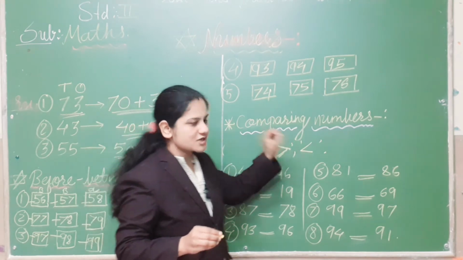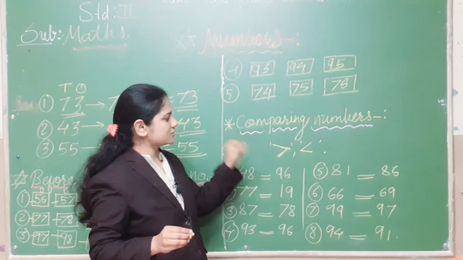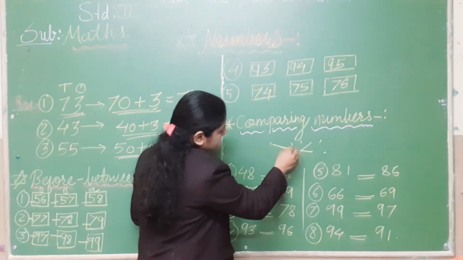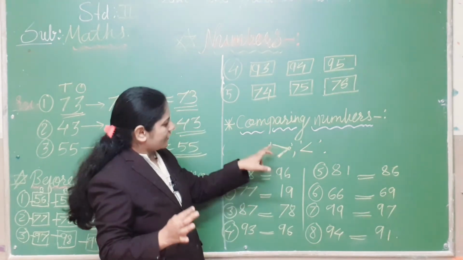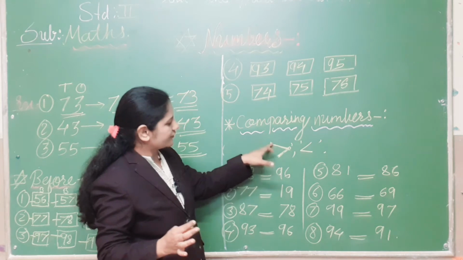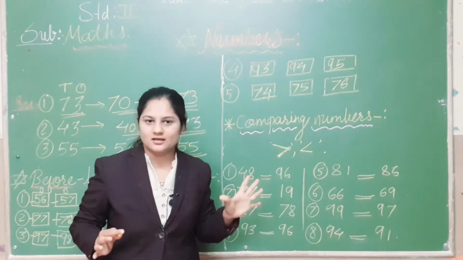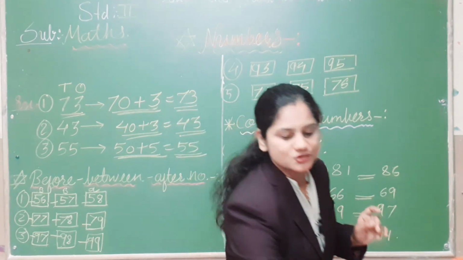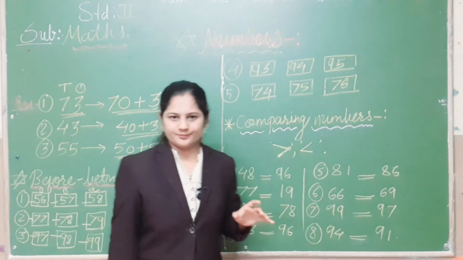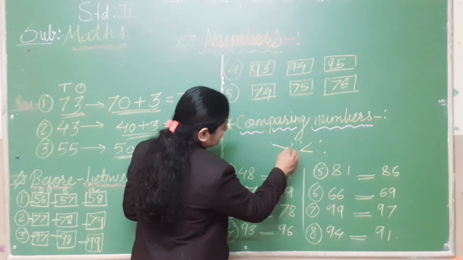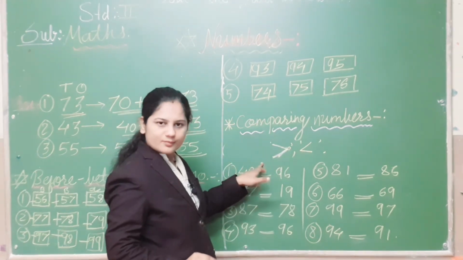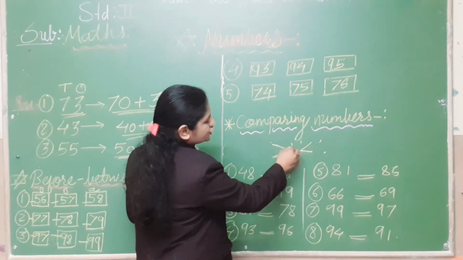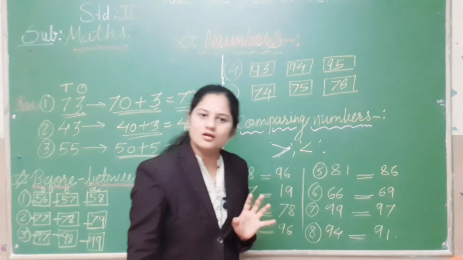When the arrows are closed towards each other, this shows us the smaller number, and when the face of this arrow is open, that shows us the greater number. Okay students, this open arrow shows us the greater number, and this closed arrow shows us the smaller number.